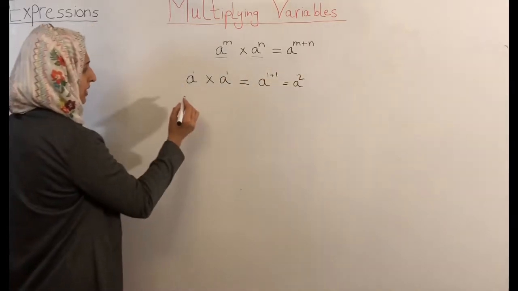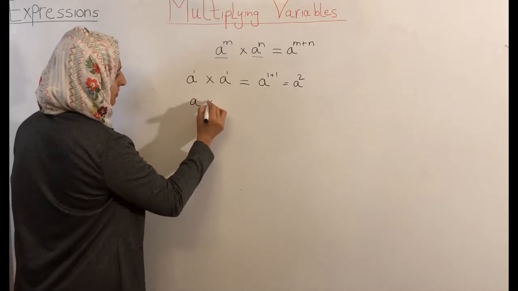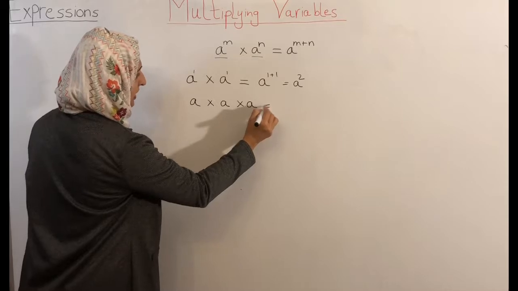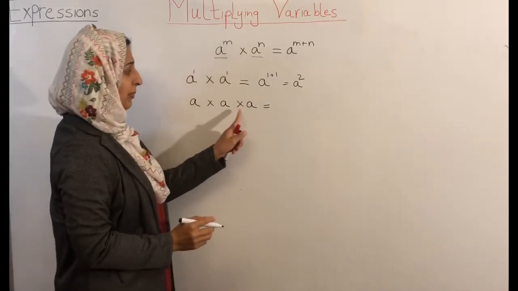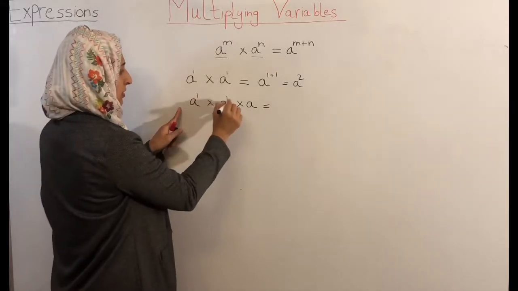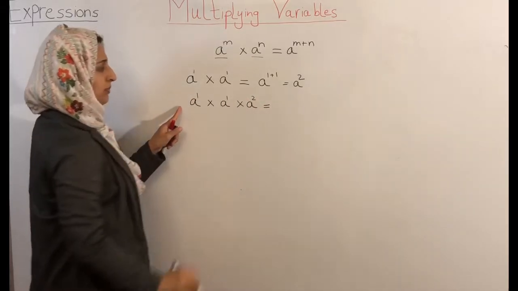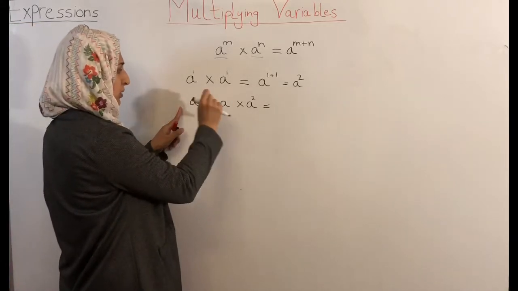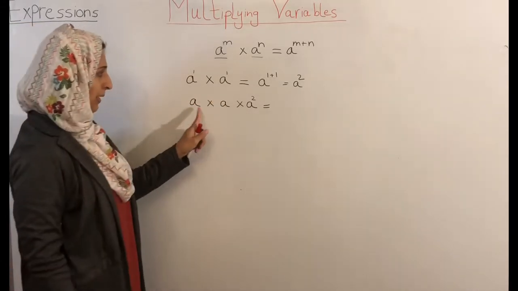So, another example. In this example, again the bases are the same, three variables. If I write 2 here, the original question will be like this. The bases are the same.